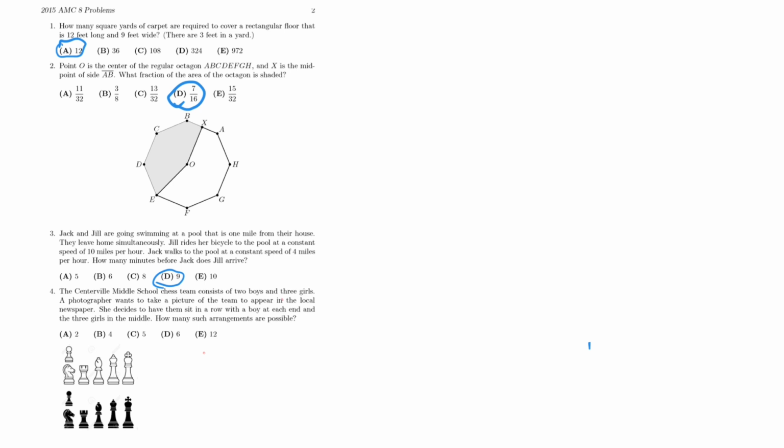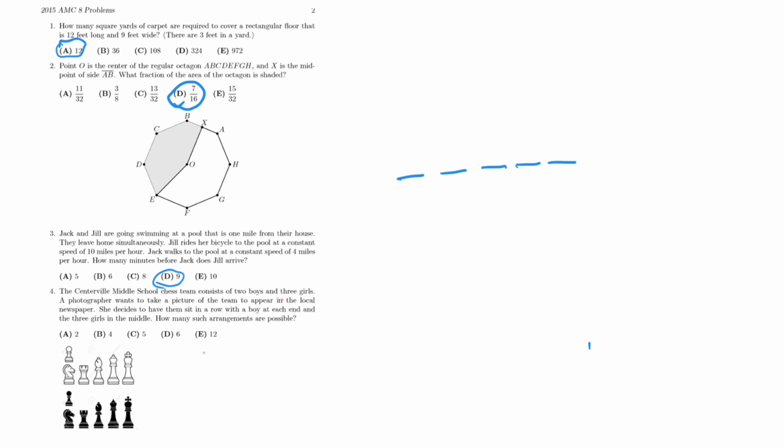How many such arrangements are possible? So in total they have 5 students. That's 1, 2, 3, 4, 5. The 2 boys must sit at each end.